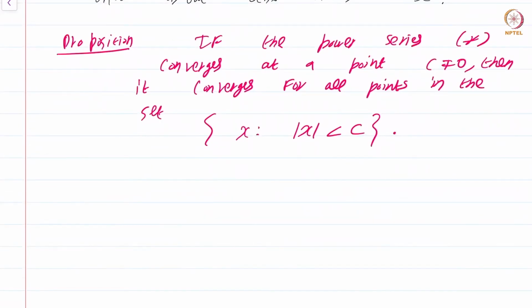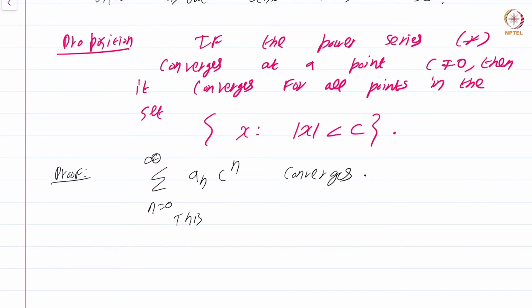This is a nice application of the comparison test, one of the most powerful tests for studying convergence. So we have that summation a_n C^n running from 0 to infinity converges. This is the assumption. Now this means first of all that mod a_n mod C^n is less than or equal to some capital M which is greater than 0, some upper bound.